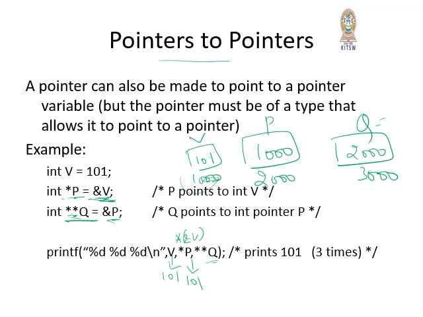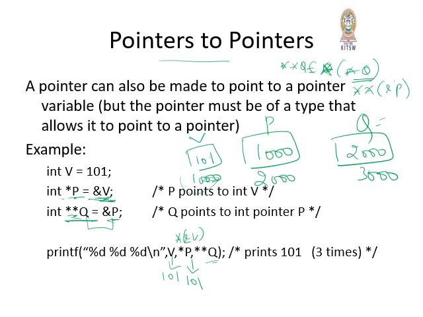Similarly, when we write star of star q, it means it is trying to find out the value pointed to by p. So this can be expanded to understand it more clearly. Here we can write star of star q, where q is equal to ampersand p.